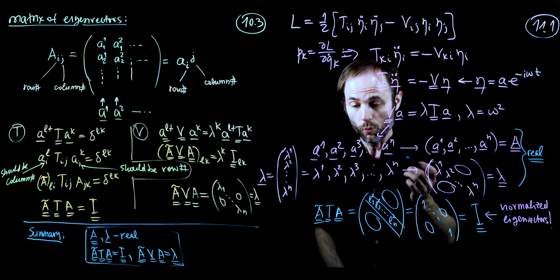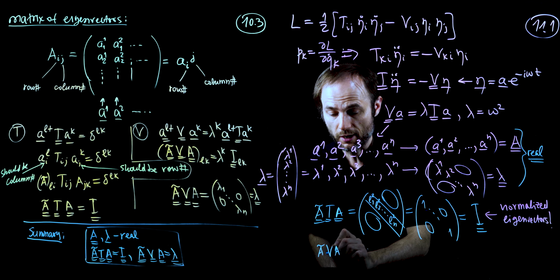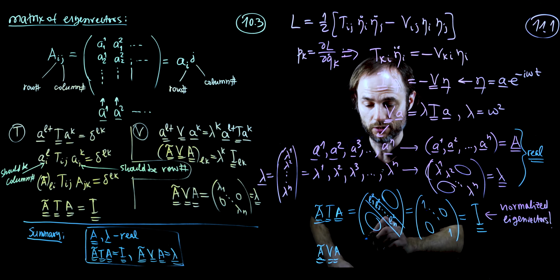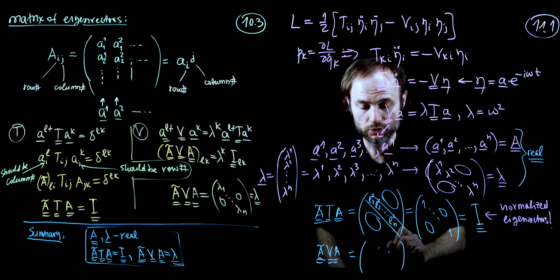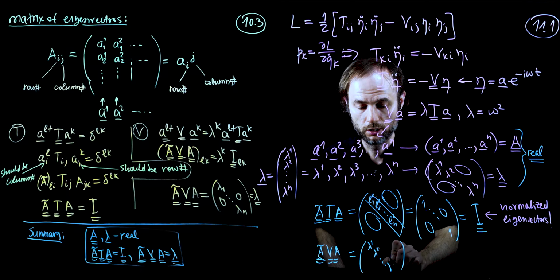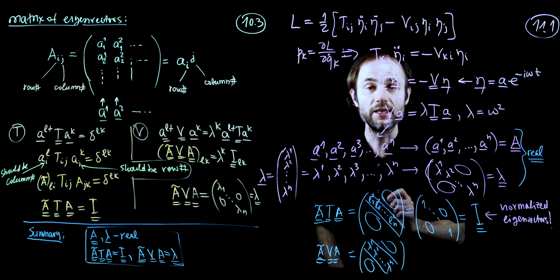Finally, what we've also found is that the V matrix is actually also diagonalized by the matrix of eigenvectors, but along the diagonal we get the eigenvalues.